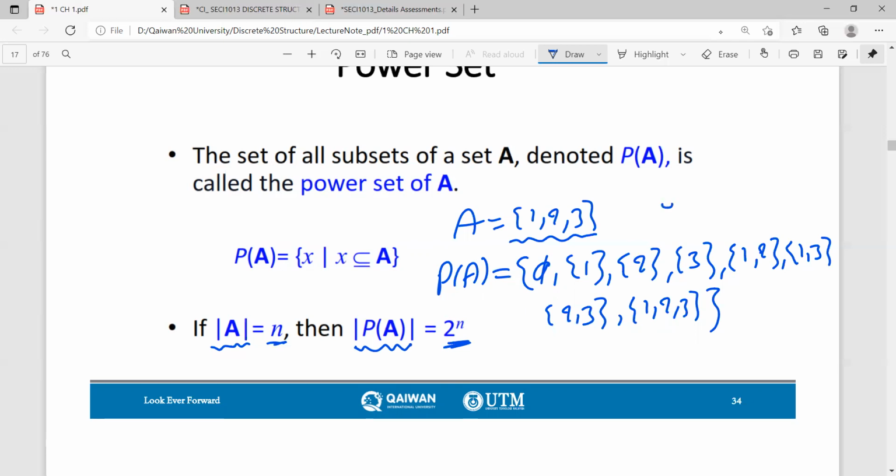Here n is 3, so 2 to the power 3 is 2 times 2 times 2, which is 8. Let's check if we have 8 elements in the power of A: 1, 2, 3, 4, 5, 6, 7, 8. That's correct. You must have 2 to the power n elements in the power of the set.